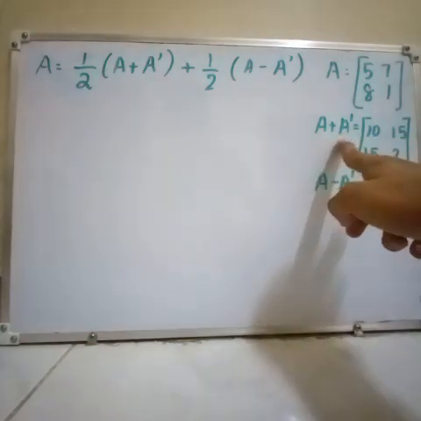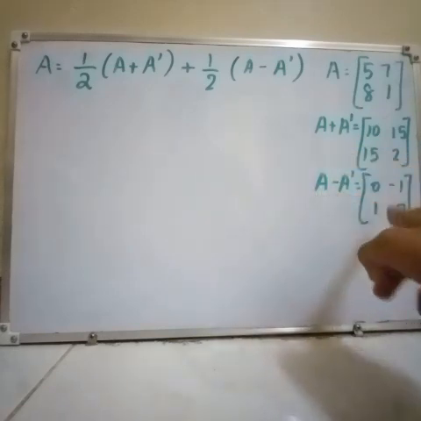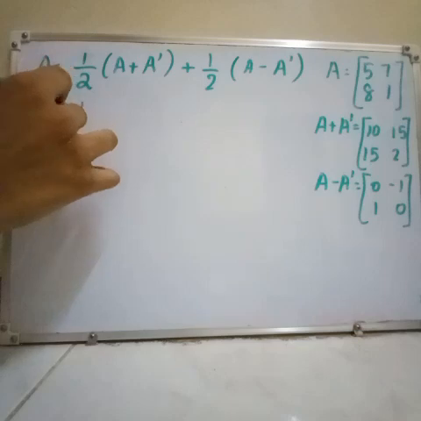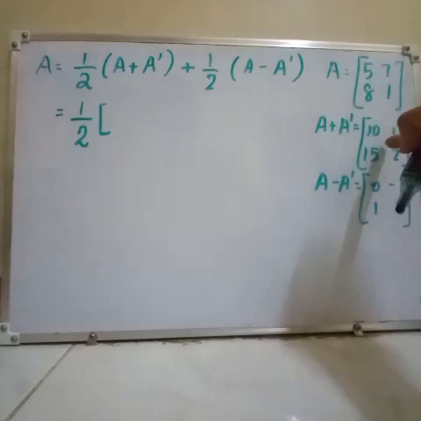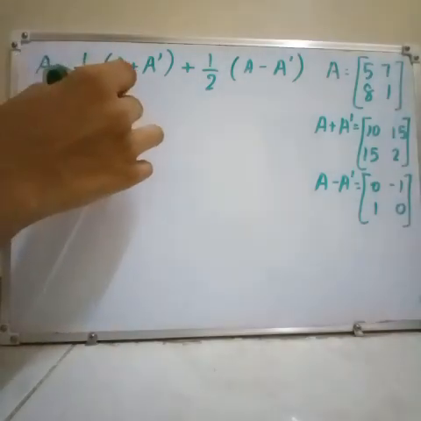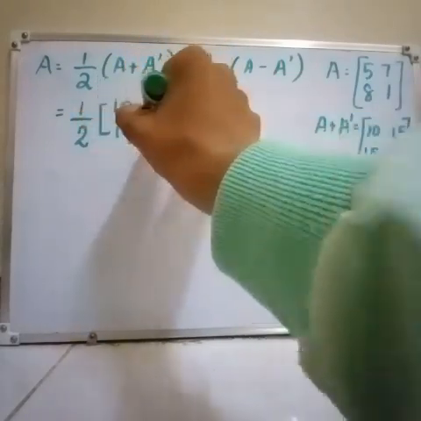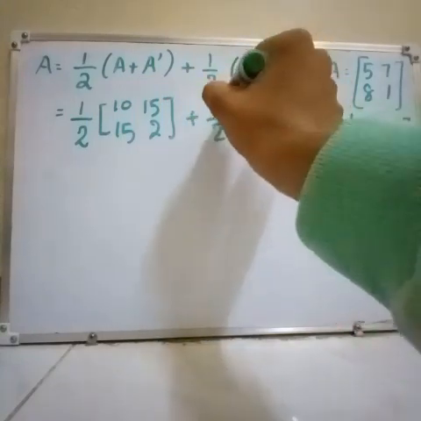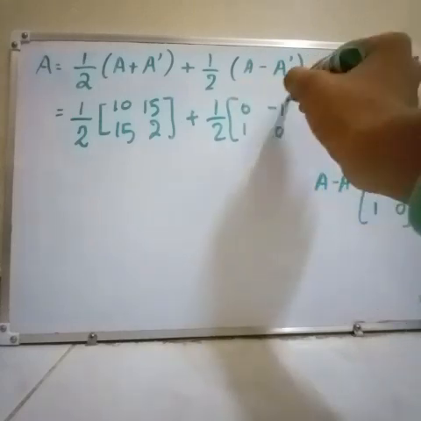And we know that A plus A dash was symmetric, and A minus A dash was skew symmetric, that also we found out before. Now just let's substitute and check if this theorem holds or not. So we have half times the matrix 10, 15, 15, 2, plus half times our second matrix, 0, minus 1, 1 and 0.